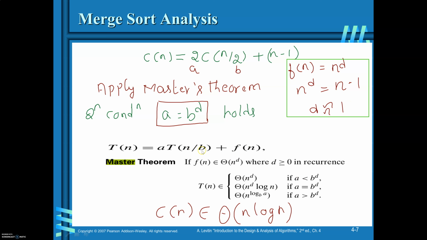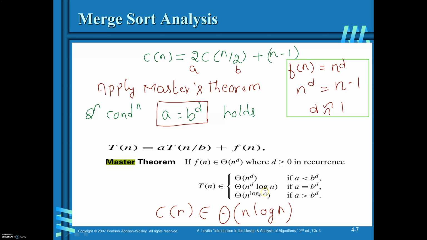So this master theorem I already explained many times. So the second condition of the master theorem holds here because A equals B power d. Now the number of comparisons required in MergeSort is equal to theta of n power d log n to base 2. Look at here.